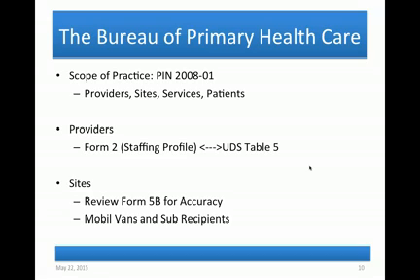So let's talk about each one. Providers. And by here I'm referring to licensed independent providers, or LIPs. Okay? When you fill out your new access point application or your SAC submission, you fill out Form 2, which is called your staffing profile.